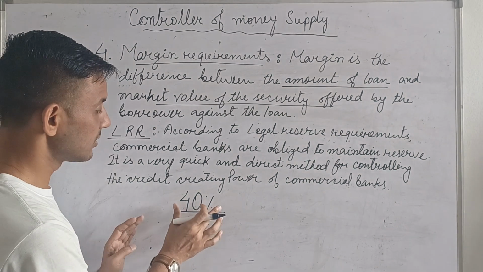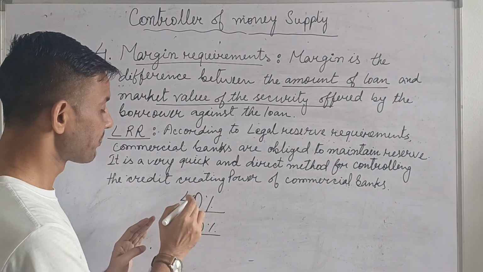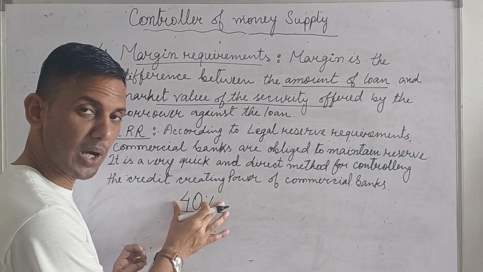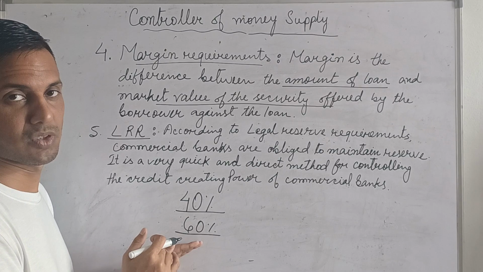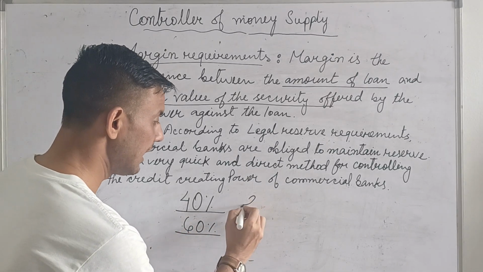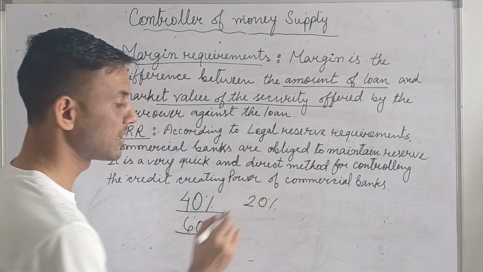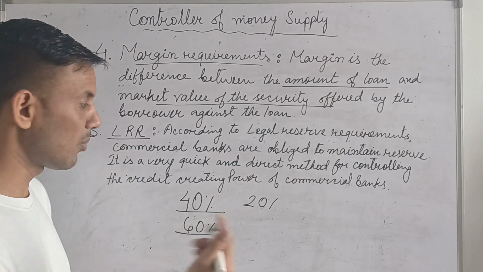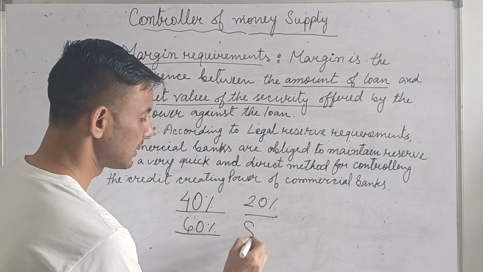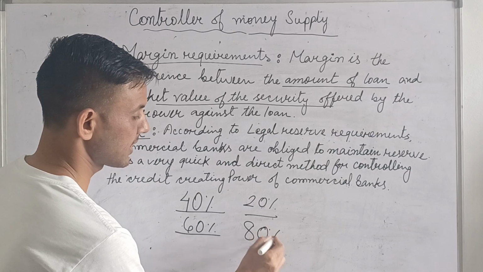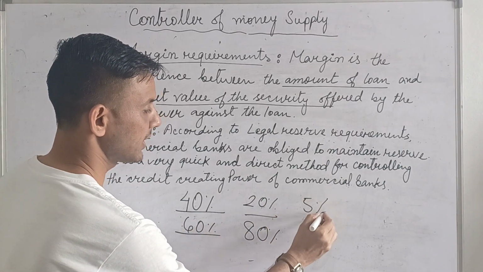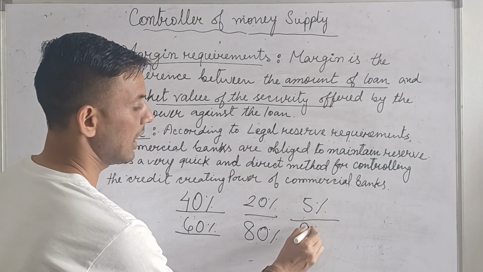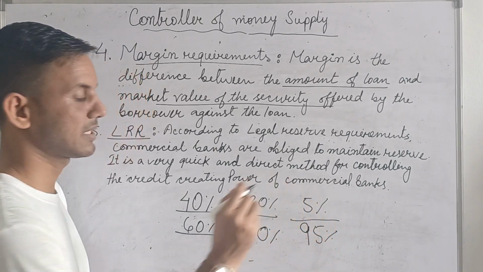If the margin is less, like 20%, then commercial banks are allowed to give 80% as a loan. If the margin is 5%, then commercial banks are allowed to give 95% as a loan.